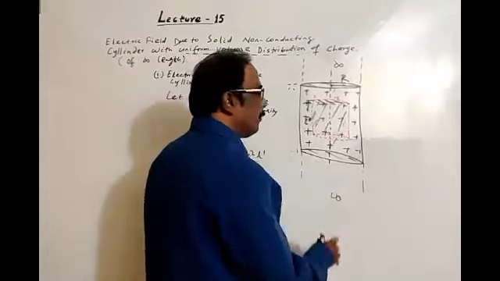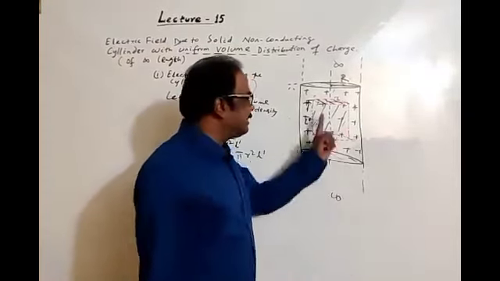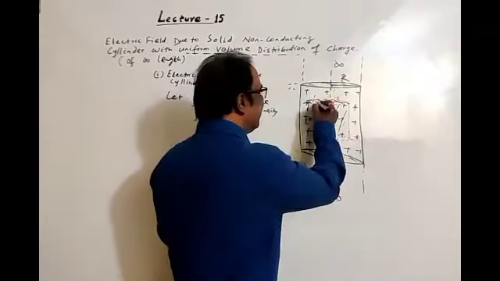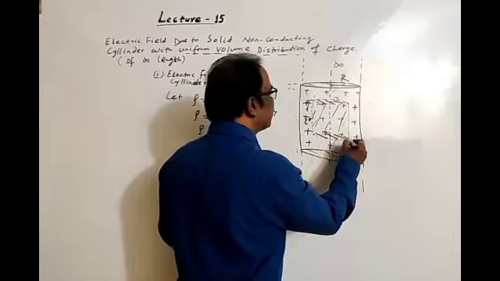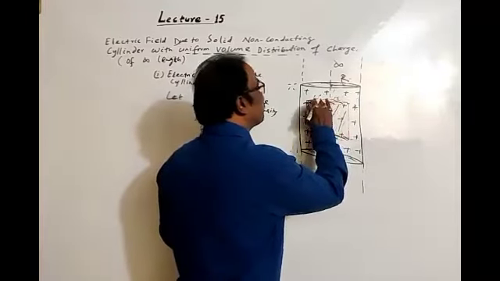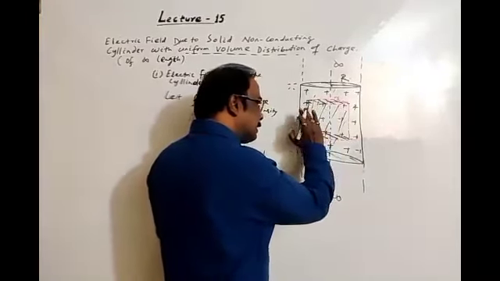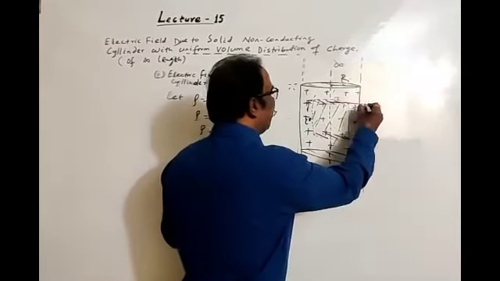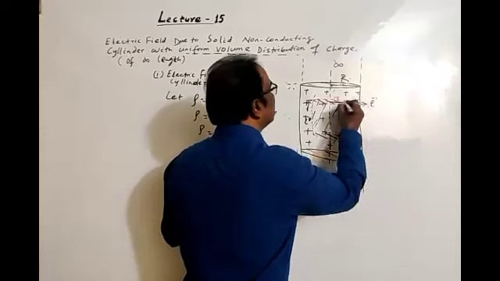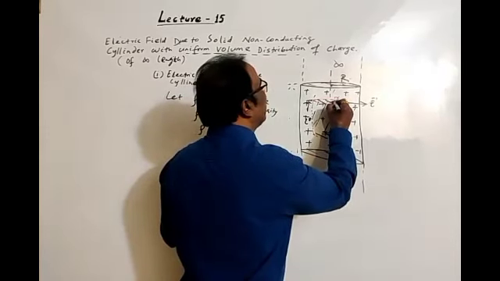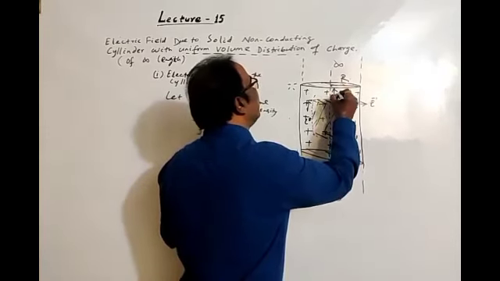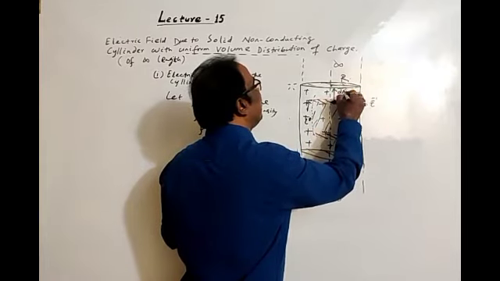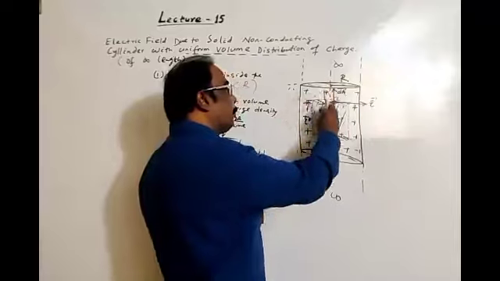Now, as in the previous cases, this imaginary Gaussian surface, which is a cylinder, we may consider as having three surfaces: two cross-sectional surfaces and the curved surface. For this surface, the electric field is outward. If we consider an elemental surface, the elemental area vector is directed in the outward direction.